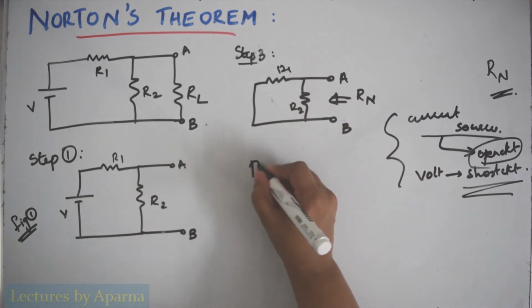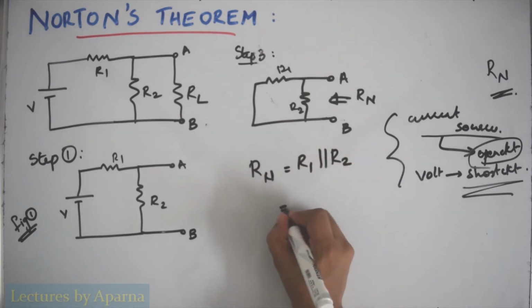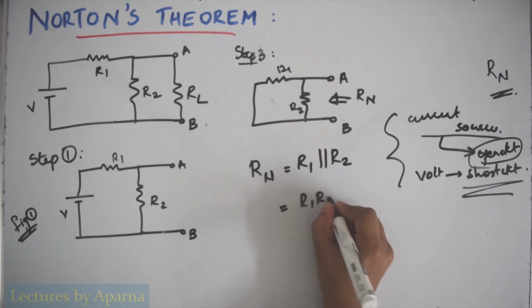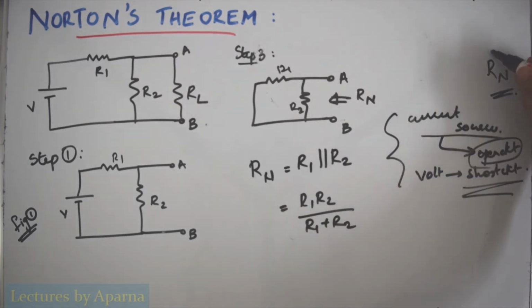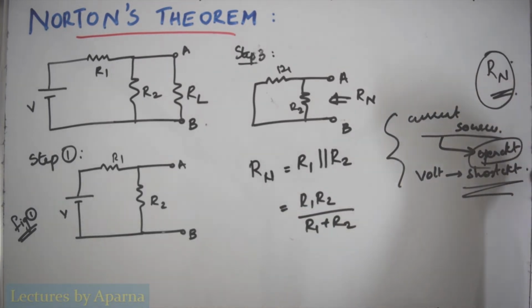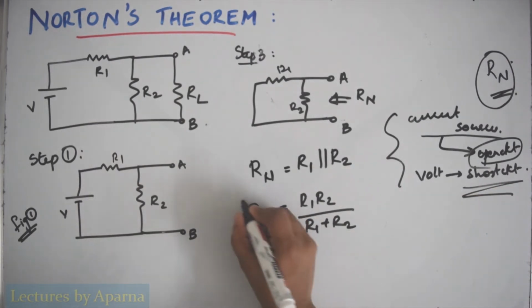So it will be Rn, here will be R1 parallel to R2, which is equal to R1 R2 divided by R1 plus R2. This Norton's resistance is found in the same way as we find Thevenin's resistance. Now I got this Rn value.